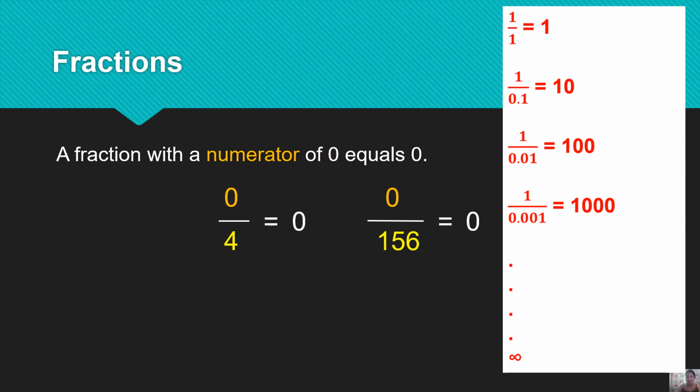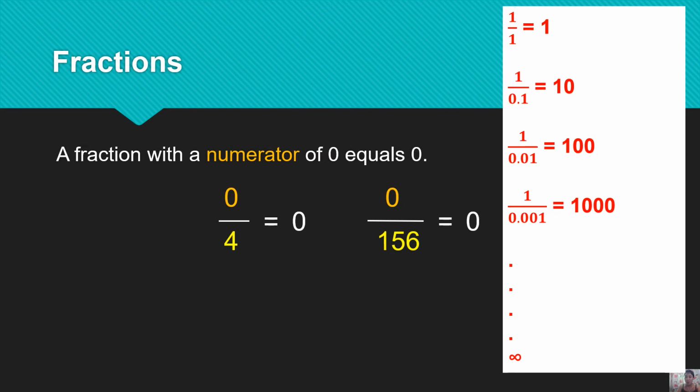So for example, we have 1 over 1. The answer is 1, right? So 1 divided by 1 is 1. Then 1 divided by 0.1, the answer is 10. Then 1 divided by 0.01, the answer is 100. Then 1 divided by 0.001, the answer is 1,000.